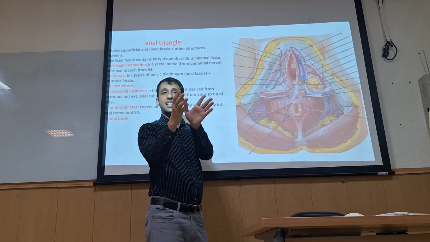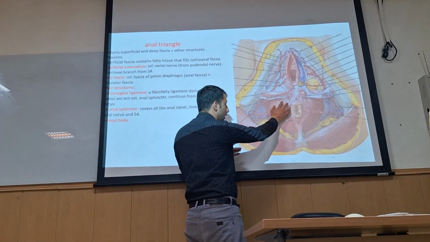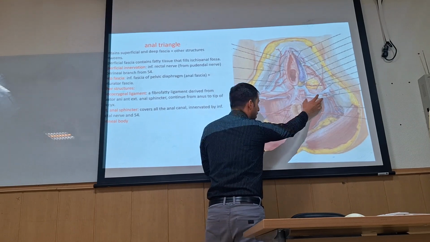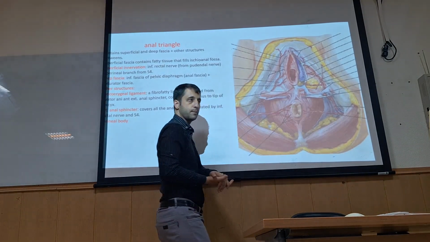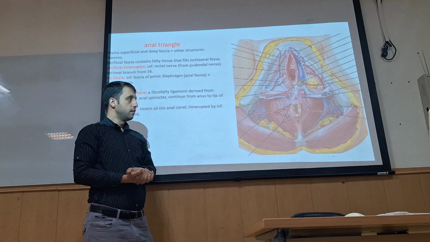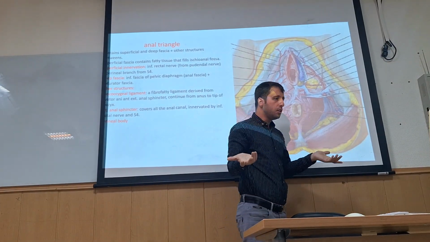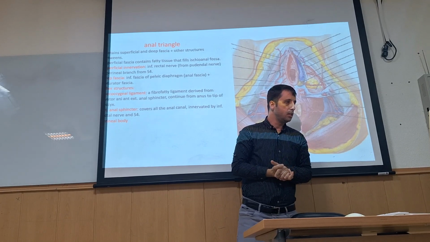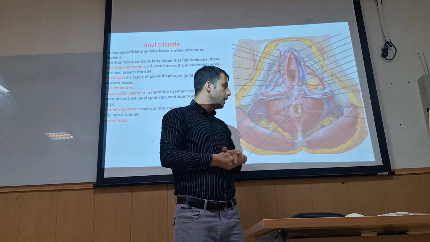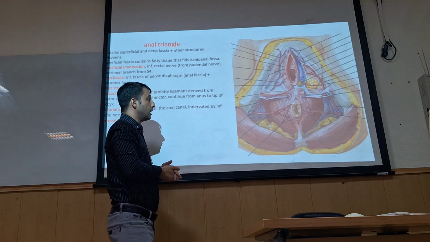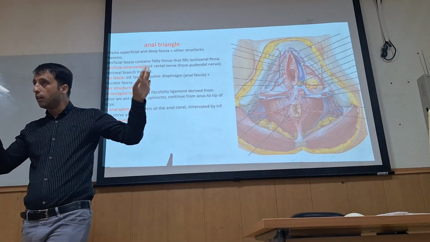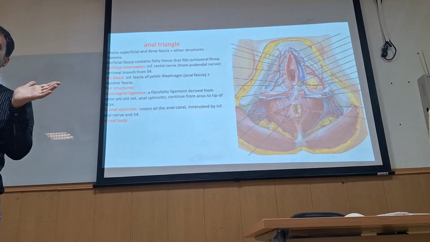The deep fascia is created by the fascia of this muscle. Which muscle is this? Levator ani? Levator ani muscle. Yes. Another structure in this area. And as you know, the levator ani muscle has two fascia.